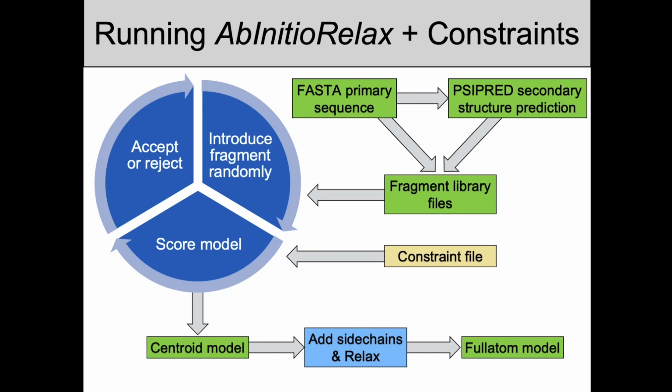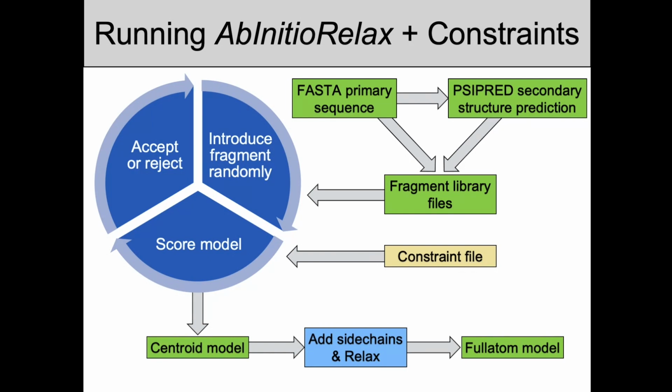So you can have a move, for example, a fragment insertion that would otherwise be rejected by EPR, but since it satisfies a constraint, perhaps it's instead accepted. And so depending on the number of constraints that you have and the quality of those constraints, you might end up with a larger pool of native-like models than you would if you did not include those constraints.